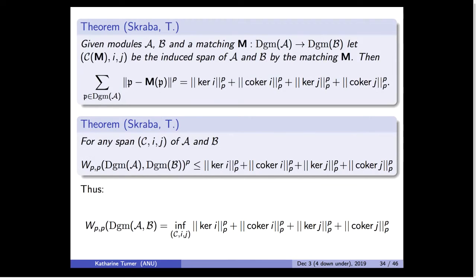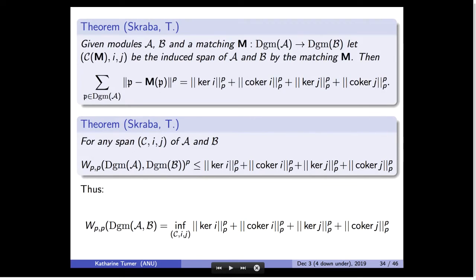And it turns out that the cost of the matching, which is the p-cost, is, for every point in the diagram, I take the distance. Oh, sorry, there should be a little p down here. The distance between the points in the matchings. This is actually going to be the sum of a bunch of p norms.